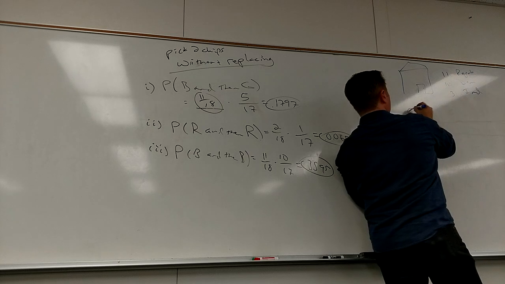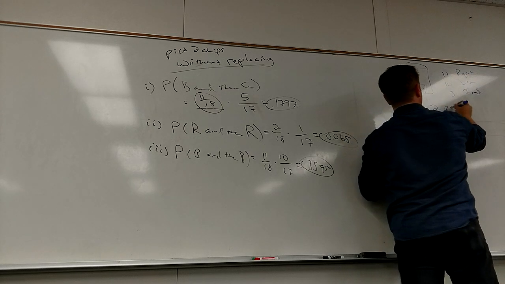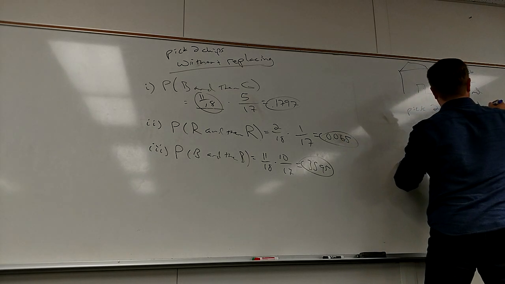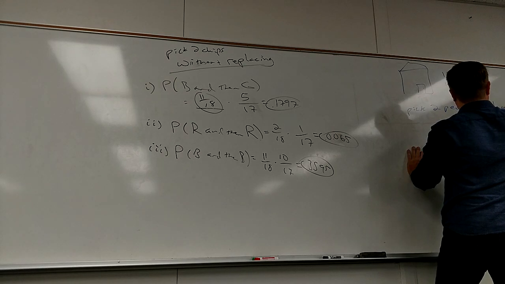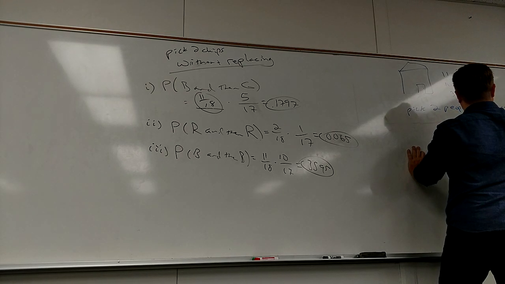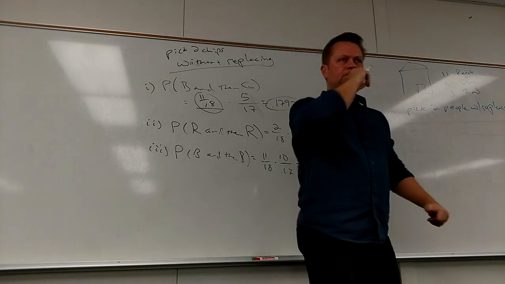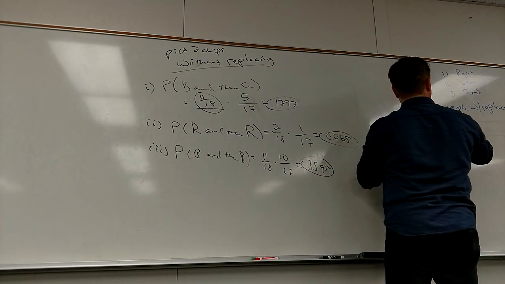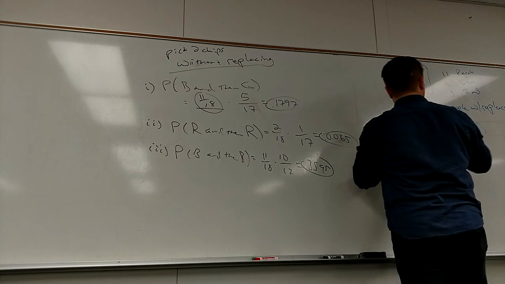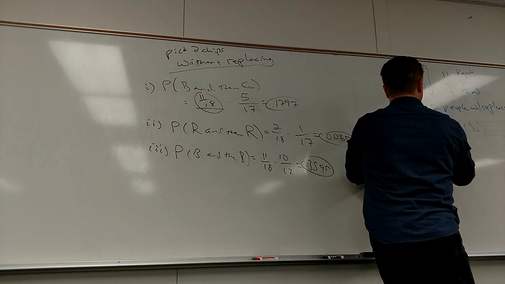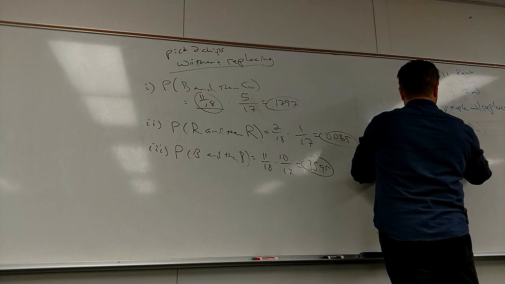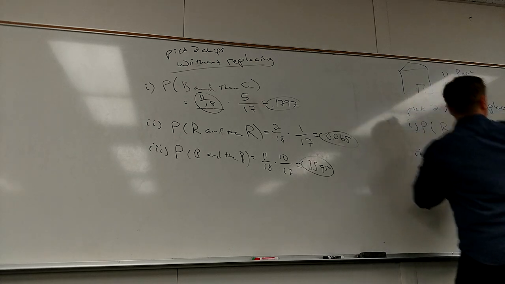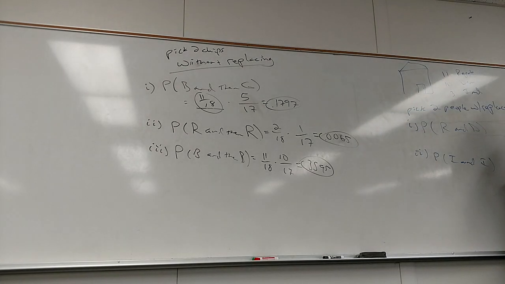I don't want to go there. So if I pick 2 people with replacement out of this haunted house, what's the probability I pick a Republican and then a Democrat? And what's the probability I pick an independent and then another independent? Then I'm going to ask you the exact same questions without replacement.